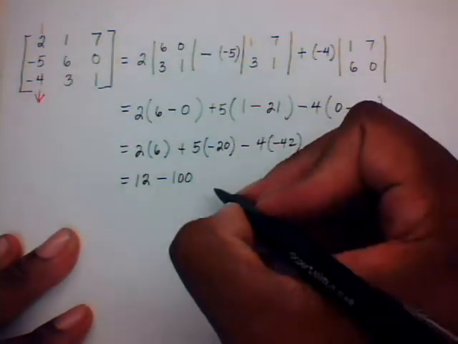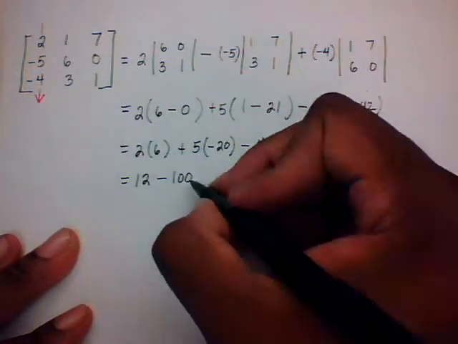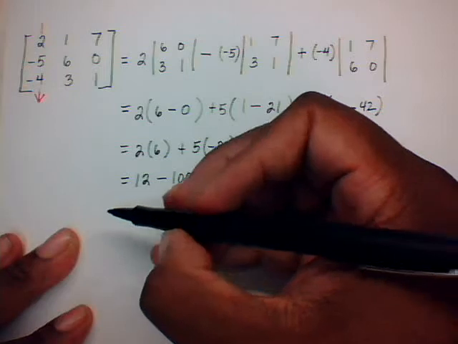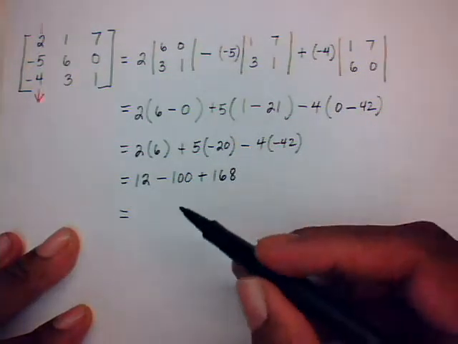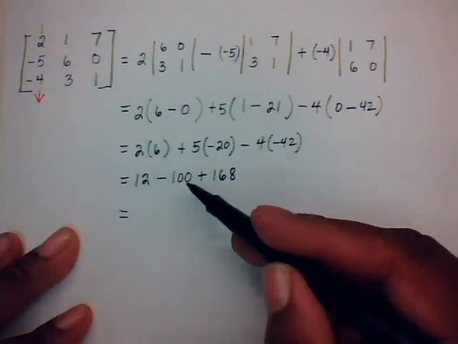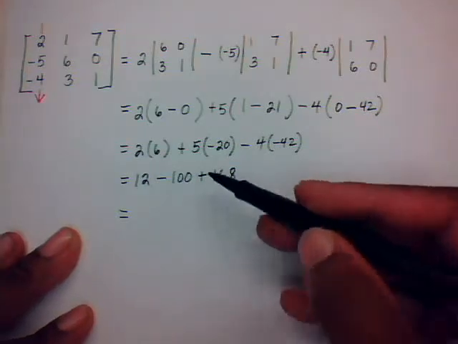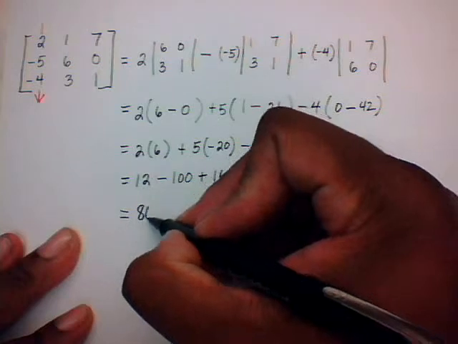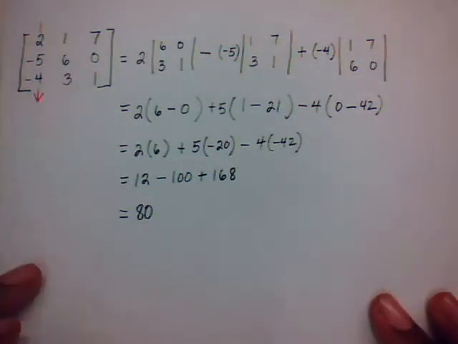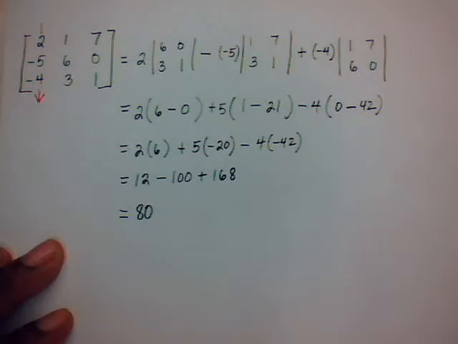Minus 4 times a negative 42 will be a plus 168. Then 12 minus 100 is negative 88. Negative 88 plus 168 would be 80. So using expansion by minors, the determinant of this 3 by 3 matrix is simply 80.